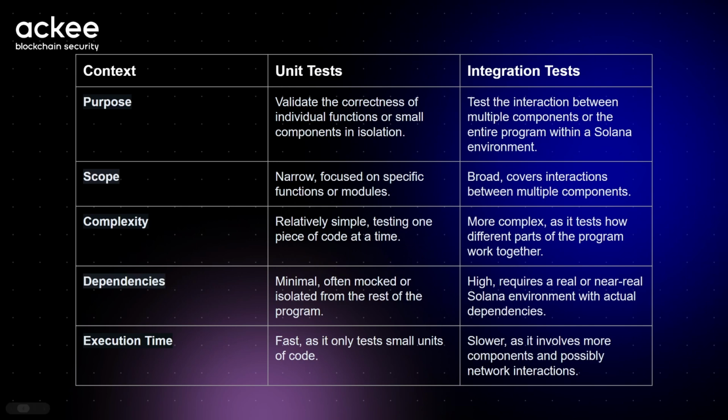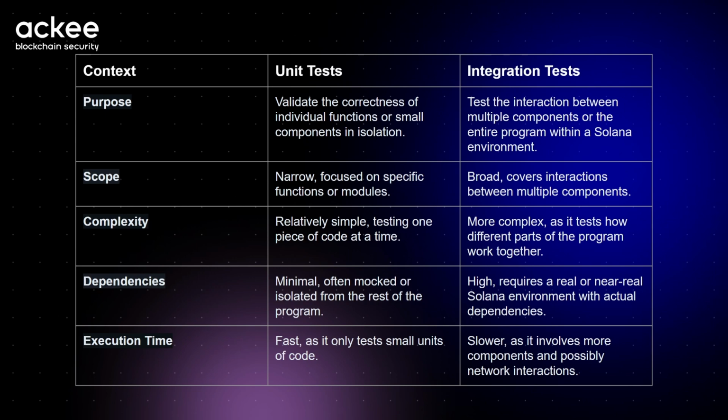For the purpose of description and also comparison of these two test types, we prepared this table, which you can see on the screen. The first column is about the context. Within each context, we can claim what is the goal of each test type, and then we can also do a comparison between each test type.